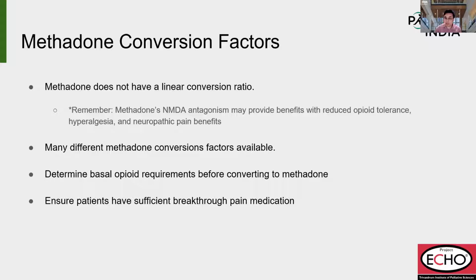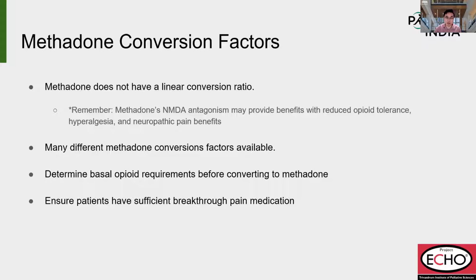The first thing that we want to do before converting to methadone is determine how much opioid the patient is using, and then determine how much of that daily total we want as a basal amount, meaning long acting, something more constant that treats the pain more consistently, in hopes of reducing the amount of breakthrough or SOS doses that patients may need.